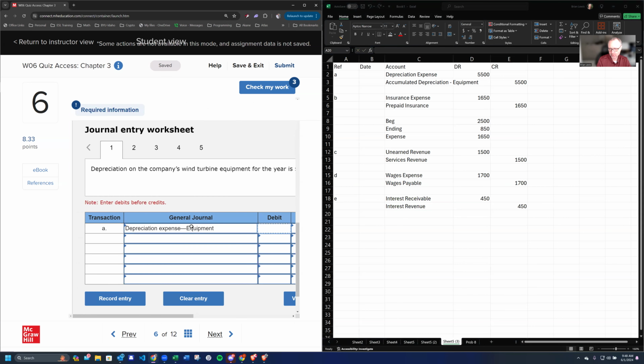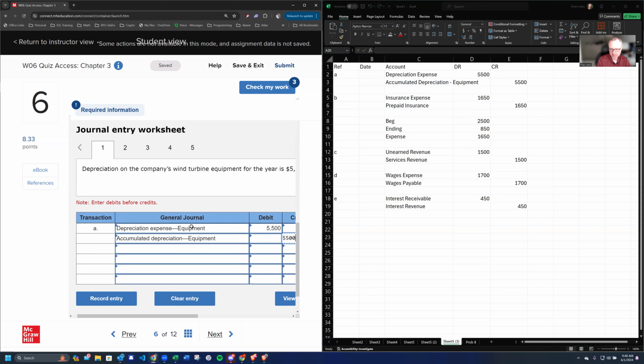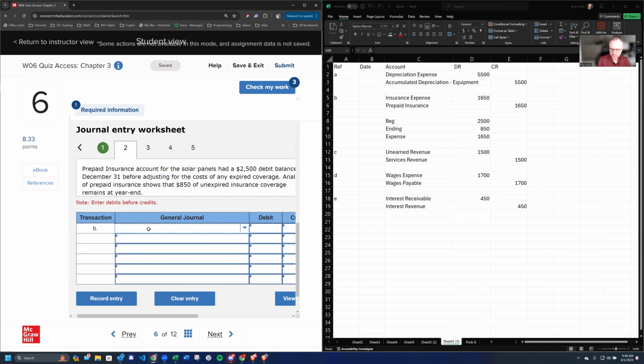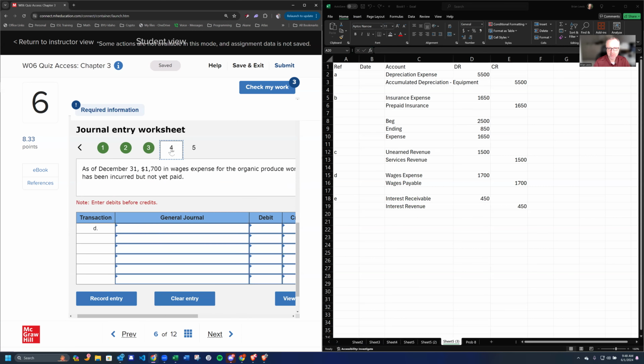Depreciation for equipment is $5,500. Our accumulated depreciation is $5,500. 2, insurance expense is $1,650, and prepaid insurance is going to be $1,650. 3, or C, unearned revenue is $1,500, and services revenue is $1,500. 4, which is D, is wages expense, $1,700, and wages payable is $1,700.